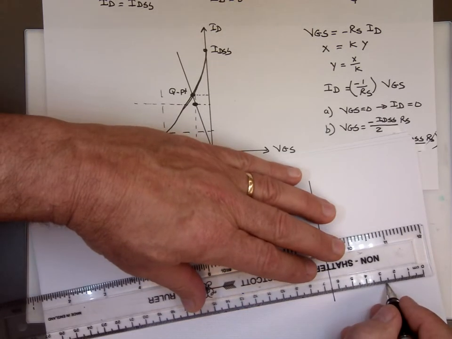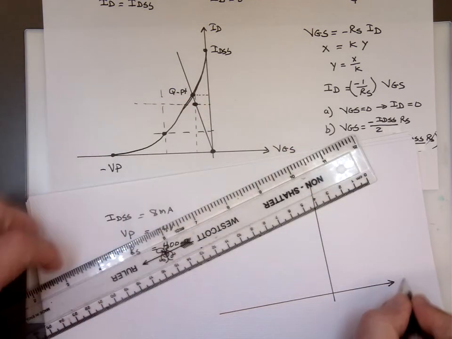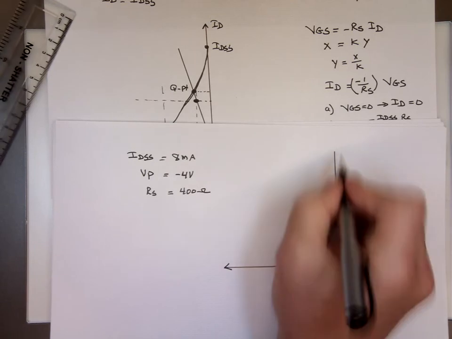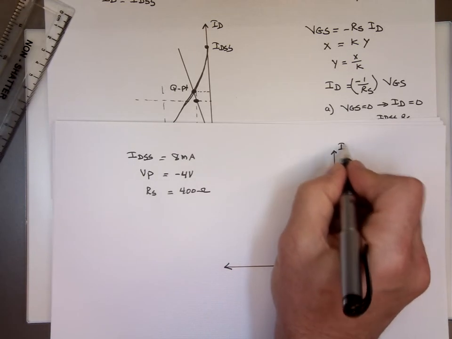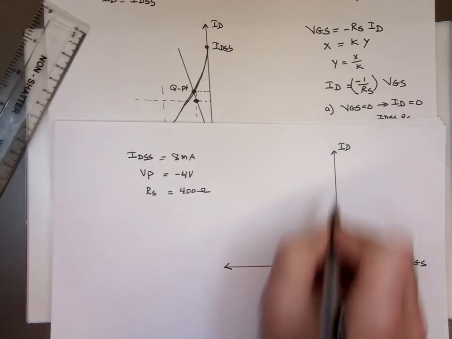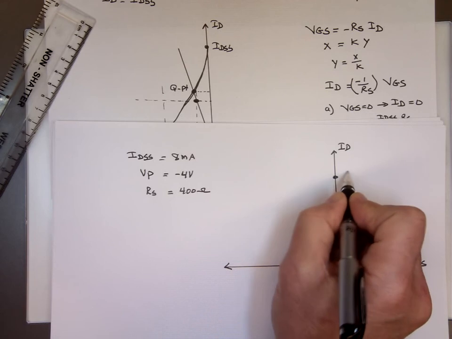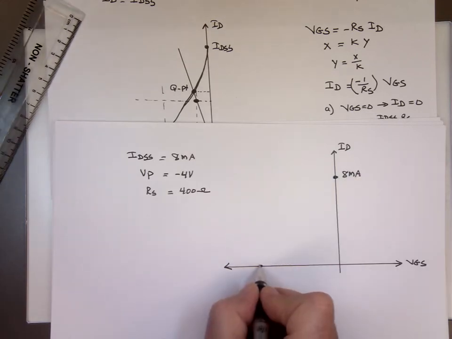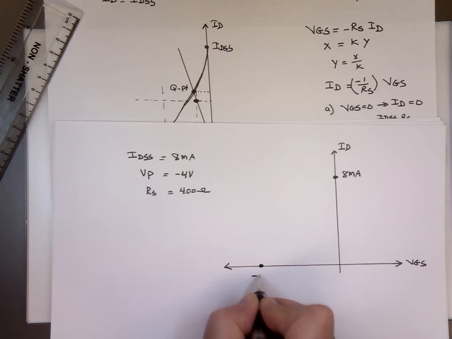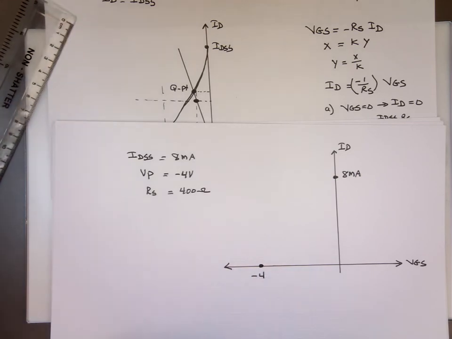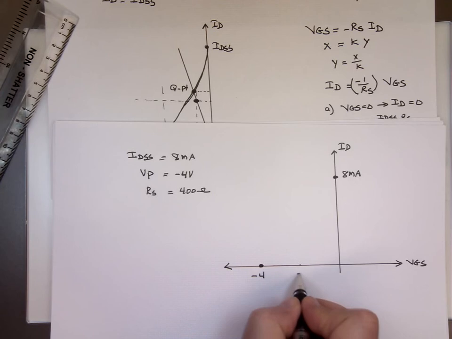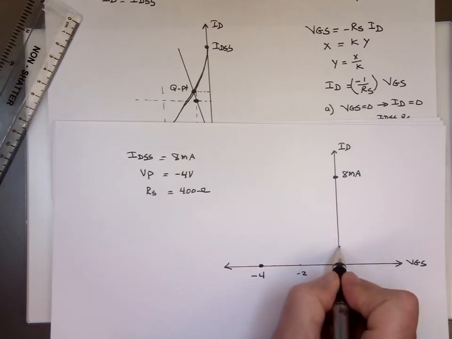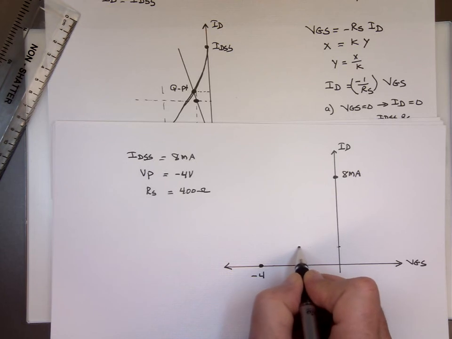This is VGS. This is I sub D. At 0 is going to be 8 milliamp. At negative 4 is going to be 0 milliamp. Halfway through that at negative 2 is going to be a quarter of that number, 2 milliamp, somewhere here. So my graph will look like this.